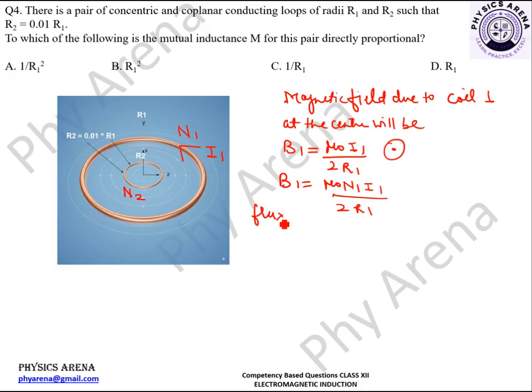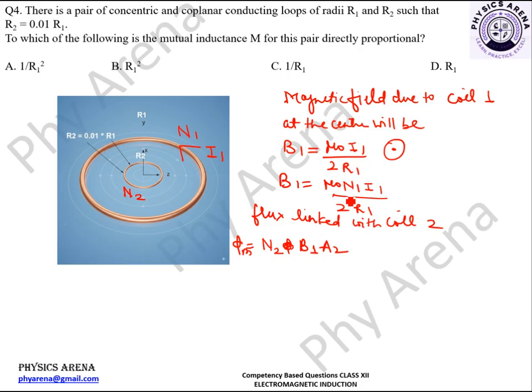Now the flux linked with coil 2 will be N2 into phi2. Sorry, that will be N2 into B1 A2. This is the total flux linked with the coil, where N2 is the number of turns, B1 is the magnetic field passing through it, and A2 is its area.